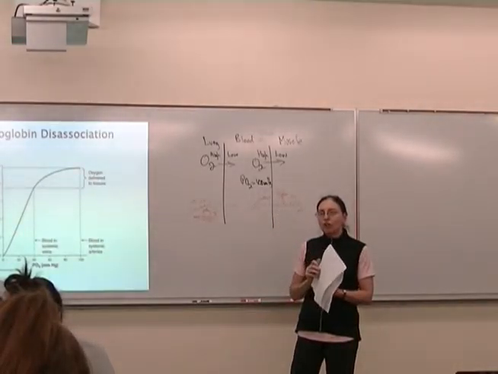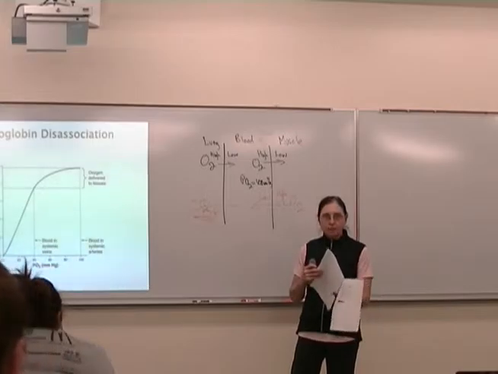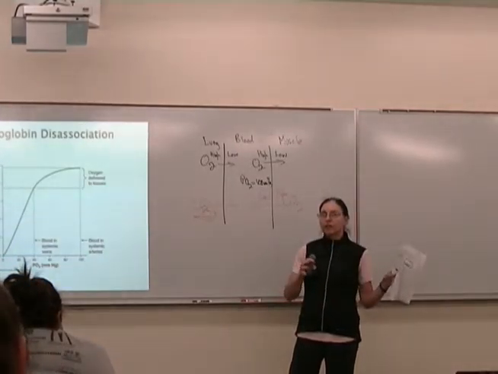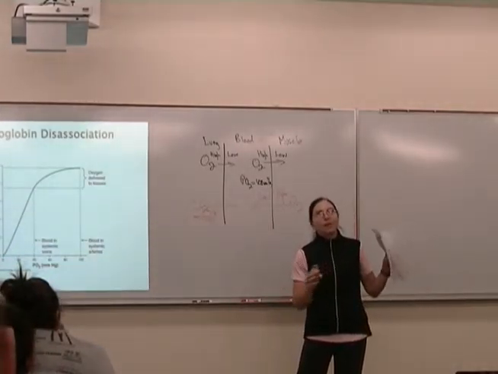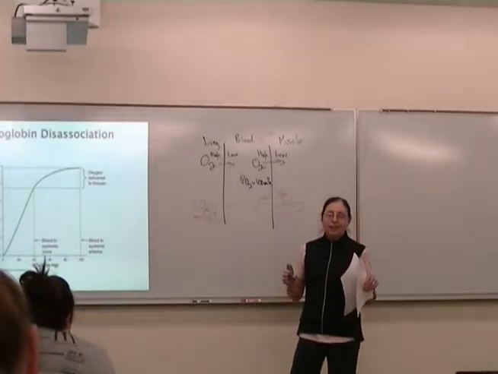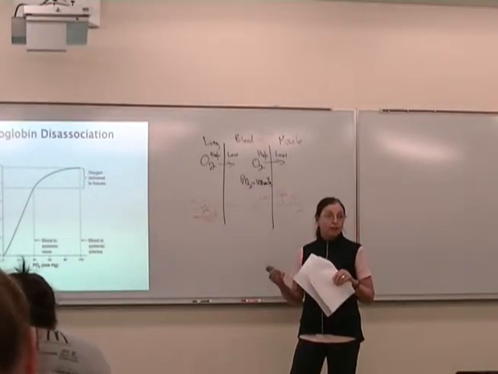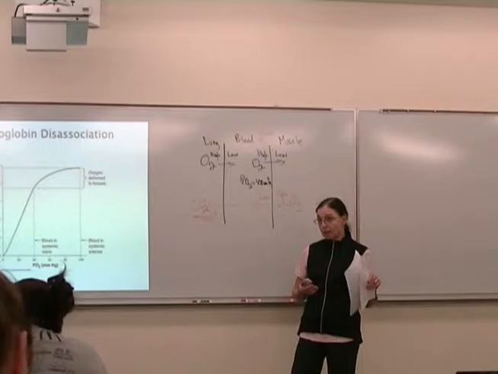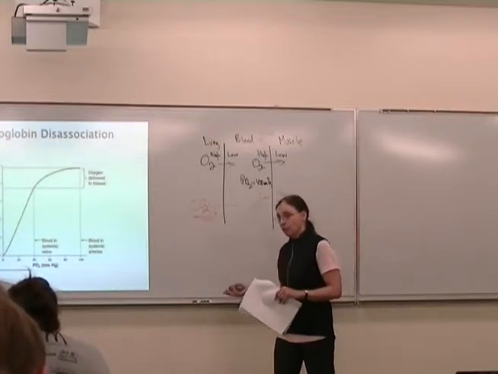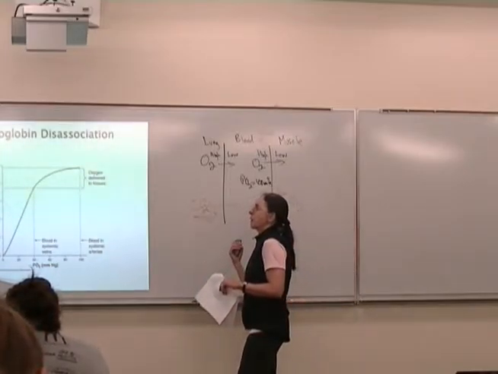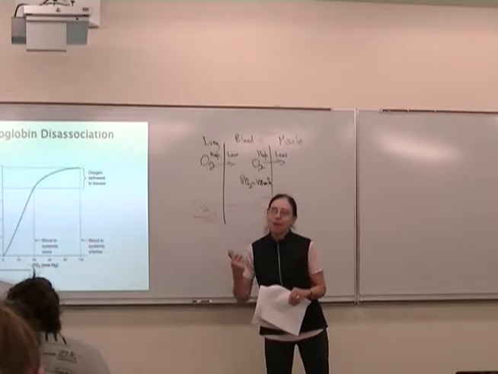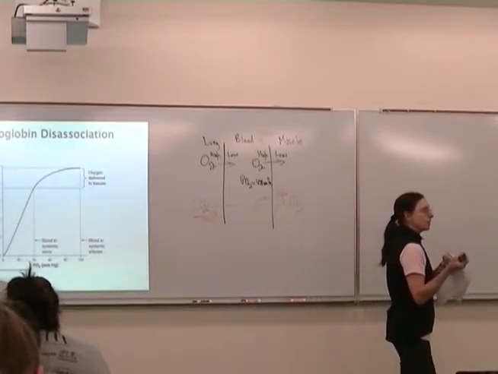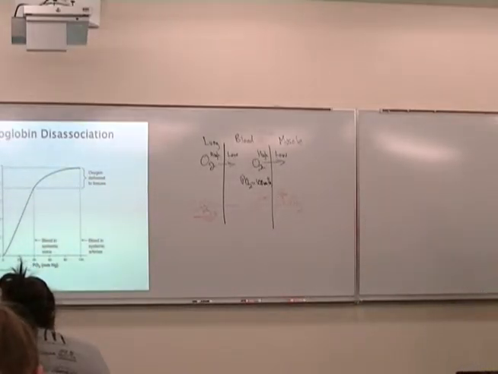Alright, so I've got it onto the hemoglobin and it's flowing around the body and we get to a muscle and now I have to get it off again. Right? We've got to unload the bus at the right point. So what's the mechanism that helps us load and unload the bus at the correct point in the body?